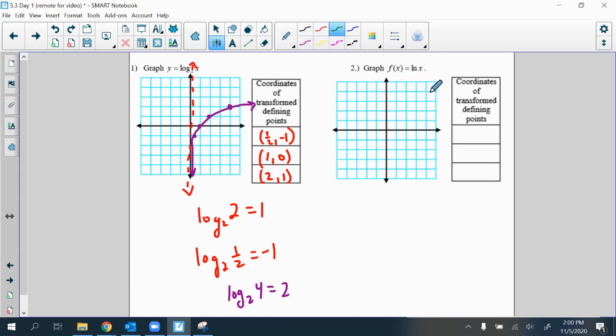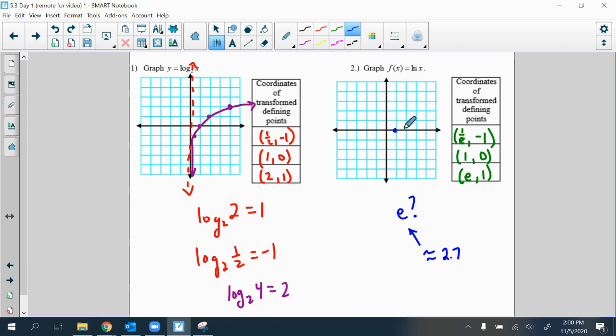So now if I'm going to graph natural log, the points are 1/e, -1; 1, 0; and e, 1. How do I graph e? Well, e is a little bit less than 3. It's about 2.7. So if you think about it on a graph, it's a little bit less than 3, and that should really help you.